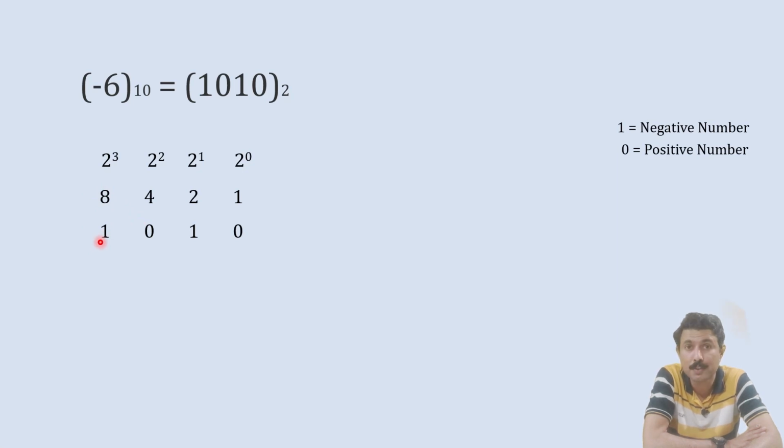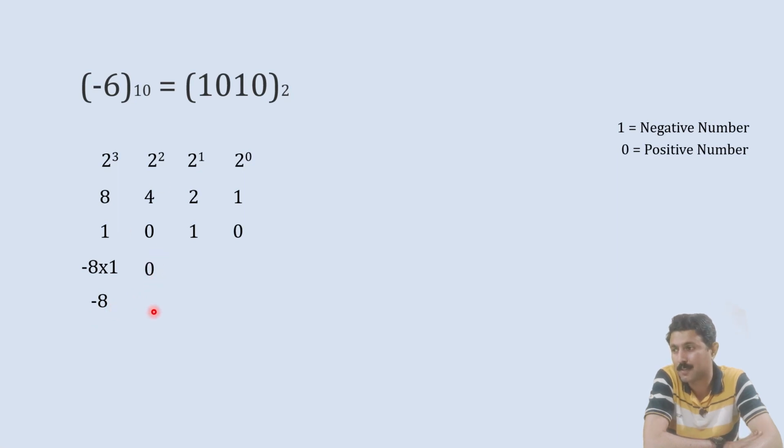But here we should consider that this is the most significant digit and it is 1. When the most significant digit is 1, it represents a negative number. So when you multiply this 8 with 1, you should remember that it is minus 8. So it gives minus 8.